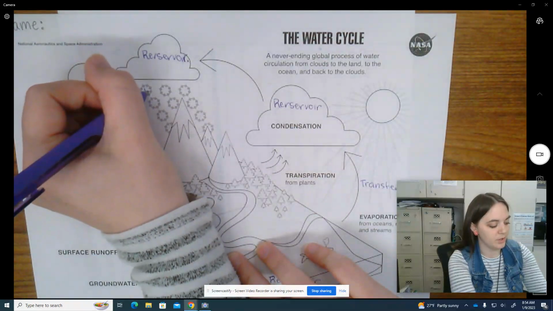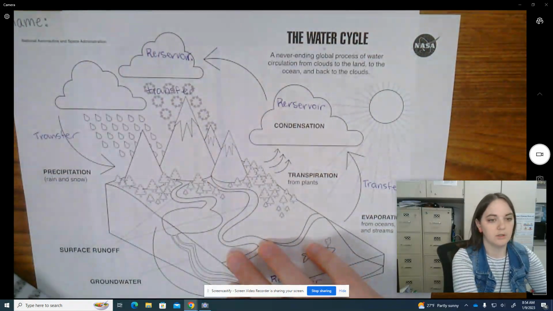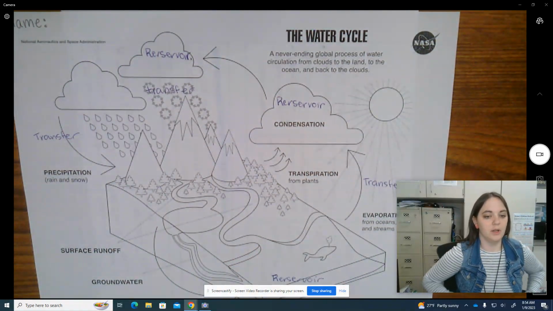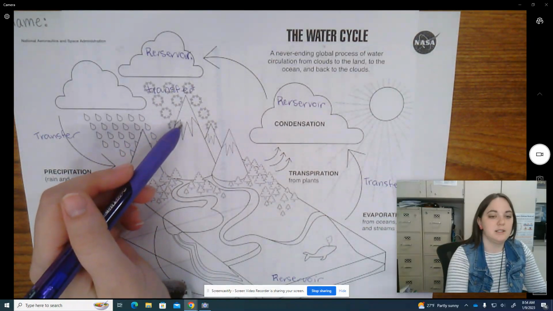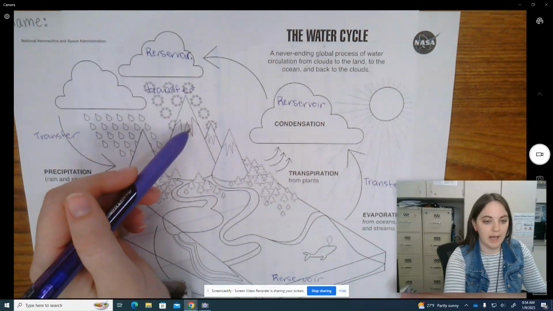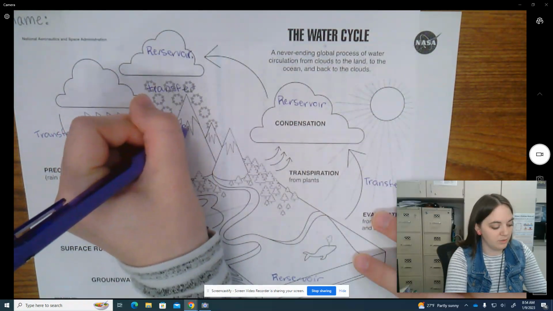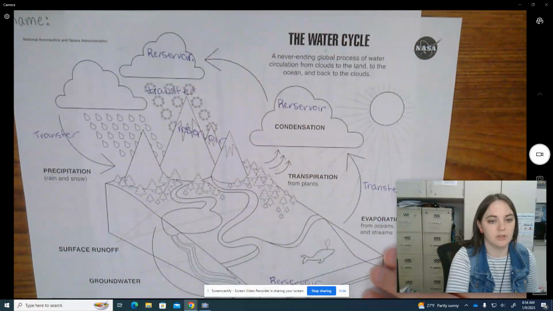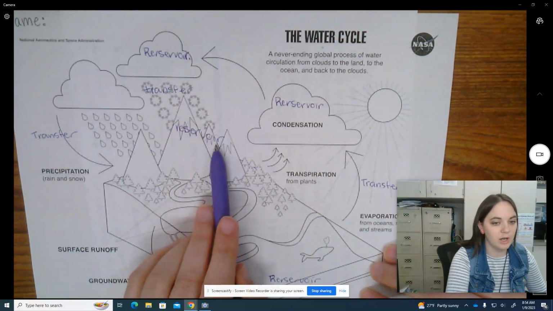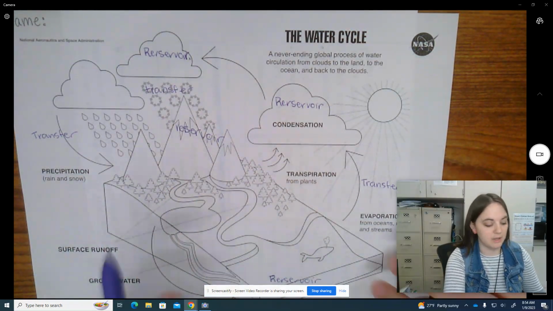Okay, it's also a transfer over here, even if it's snowing. It's moving, it's a transfer. Now, when the snow falls on the mountains over here, it stays in what's called a snowpack. The snowpack in the mountains is a reservoir, because snow is stored and stays up in the mountains for a long time.